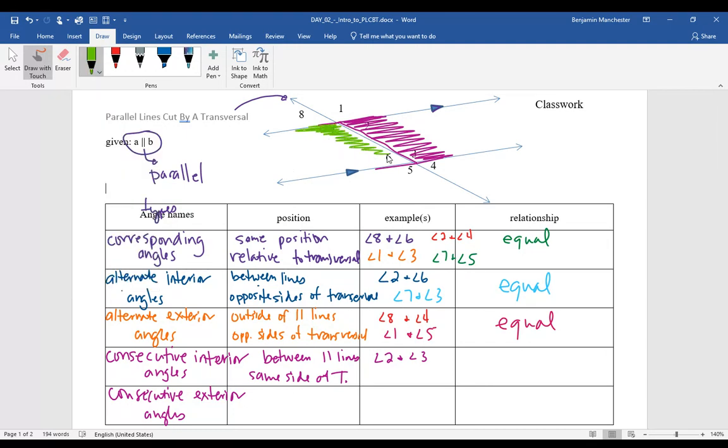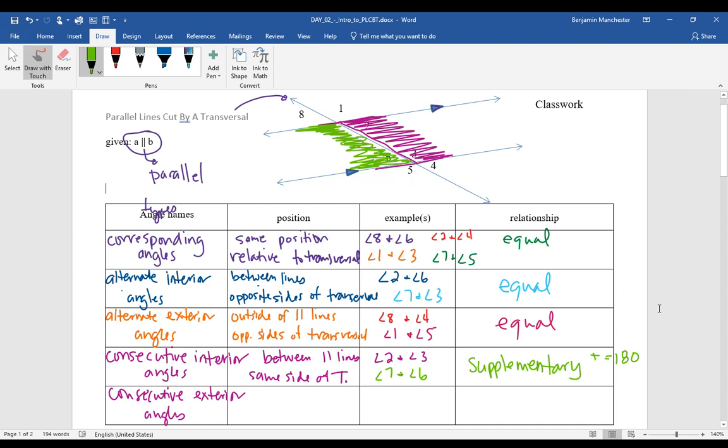Angle 7 and angle 6 are your other pair of consecutive interior angles. Okay, now these ones add up to 180. So the vocabulary word that means adding up to 180 is supplementary. Okay, consecutive interior angles are supplementary. They add up to 180 degrees.